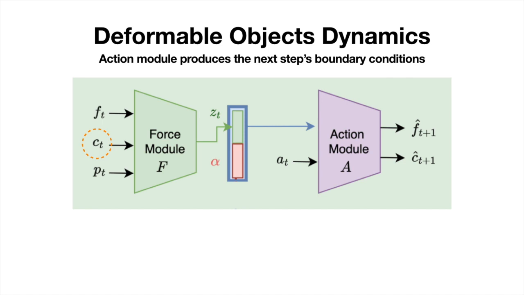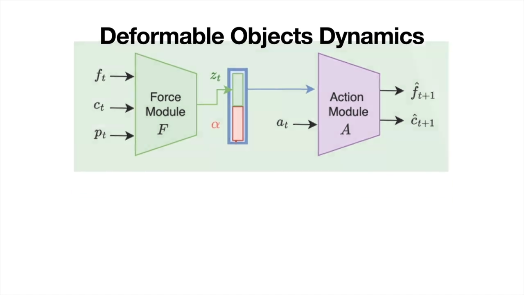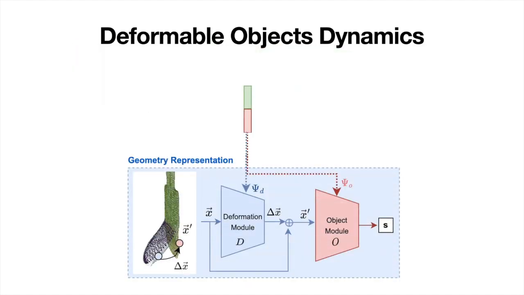In this work, we propose the learnable contact code as an input. The contact code unlocks the capability to run VIRDO++ in the real world and even represent additional useful information beyond just the contact location, such as the histories of deformations. Here the latent state z_t and alpha are learned to represent 3D geometry or signed distance function.